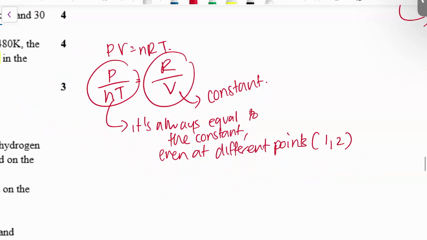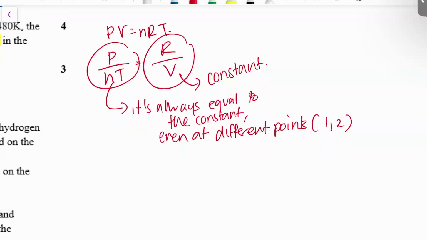So if it's always equal to the constant, even at points 1 and 2, what that means is this, guys. If you get it, this will feel like I'm going through it in too much detail, but for the sake of making sure everyone gets it, because I don't want anyone confused, P1 on n1 T1 is equal to the constant.